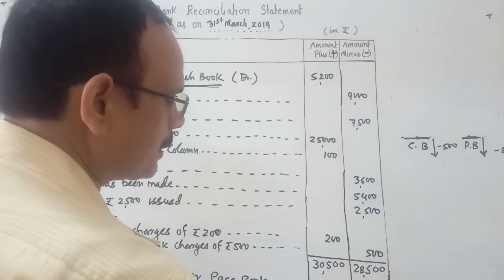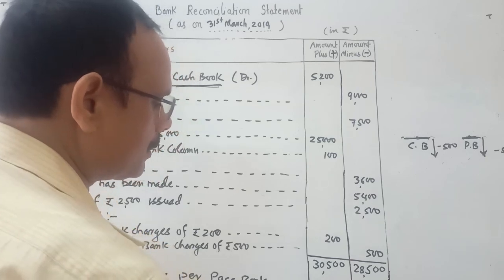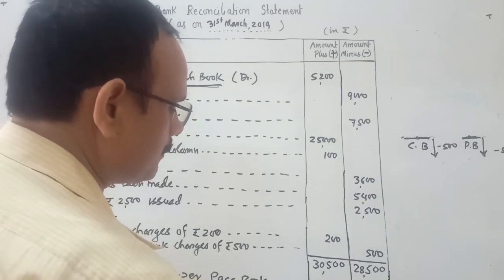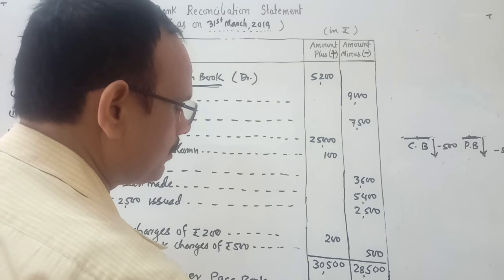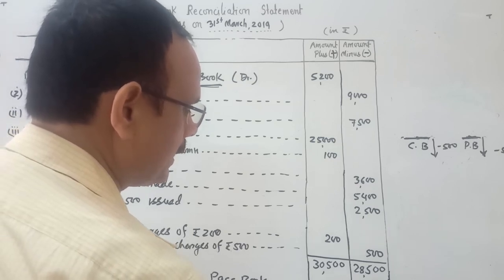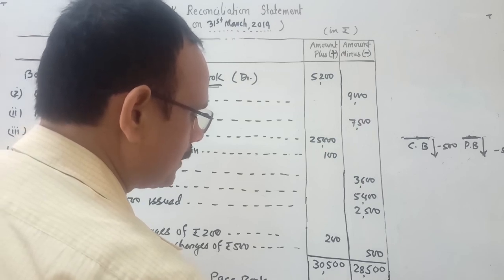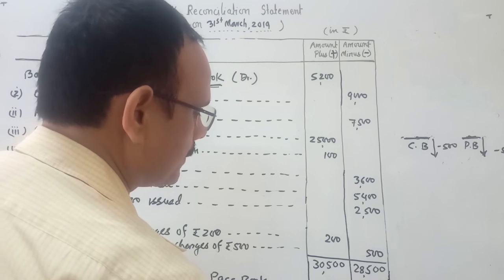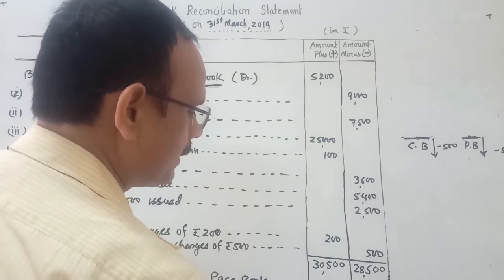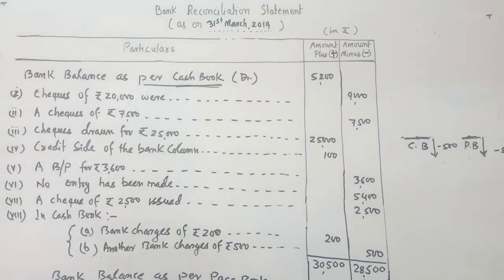So what is the difference amount? 30,500 is on the plus side and the minus side is 28,500. So the difference figure is 2,000.